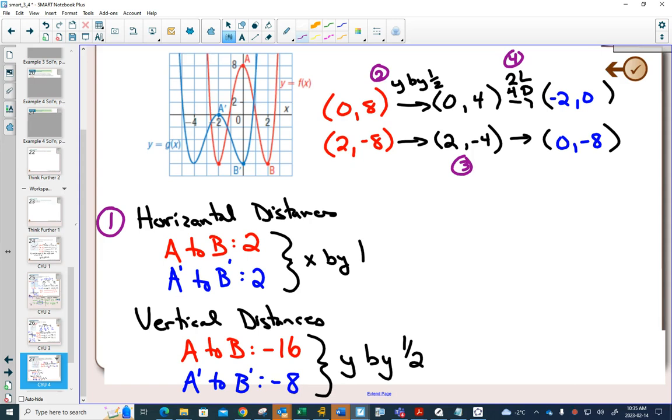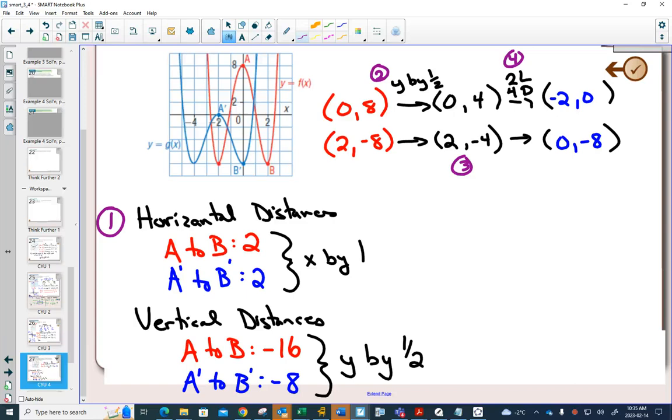Once I figured out step 2, that y had to be multiplied by half, and I was able to write the points as we did in step 3, then it was easy to figure out the translations. But without this y by a half, you could be guessing and checking for a long time before you find something that works nicely. So this strategy of looking at the horizontal distances and the vertical distances is really helpful.